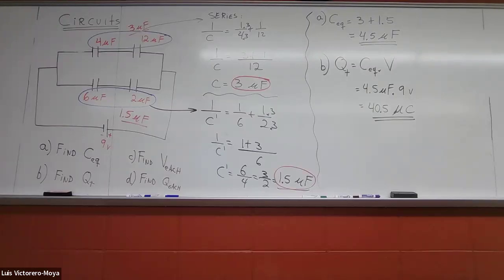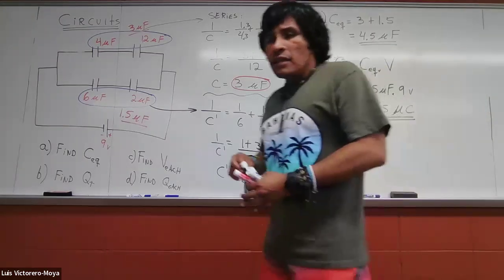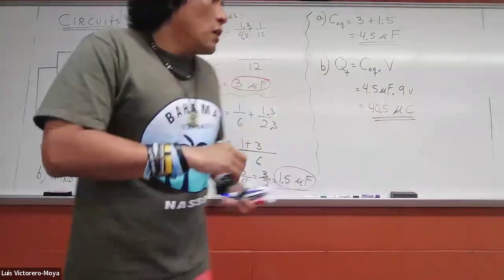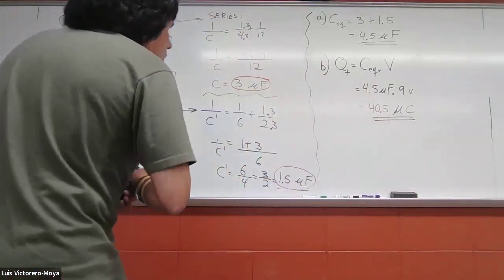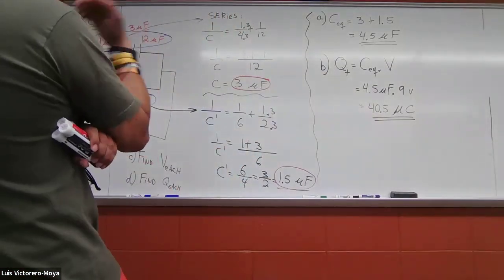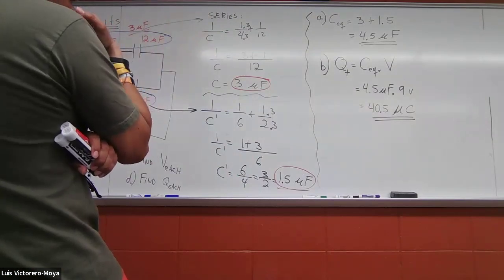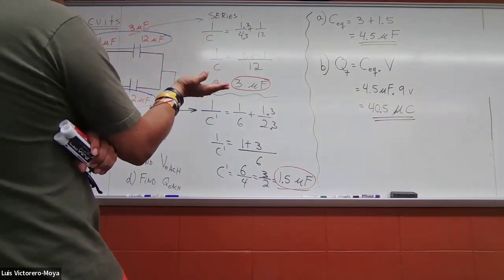Now let's find the voltage on each capacitor and the charge on each capacitor. You know what? It's easier to find both actually, the charge and the voltage. Let's analyze.